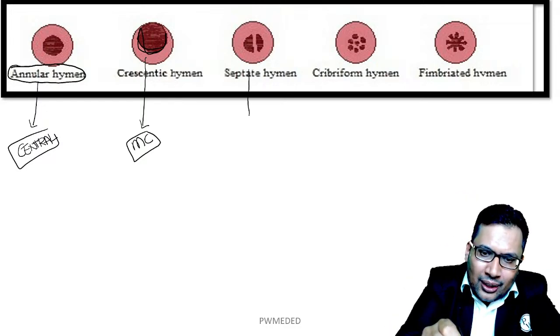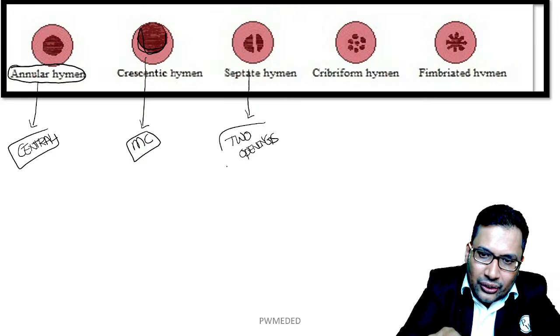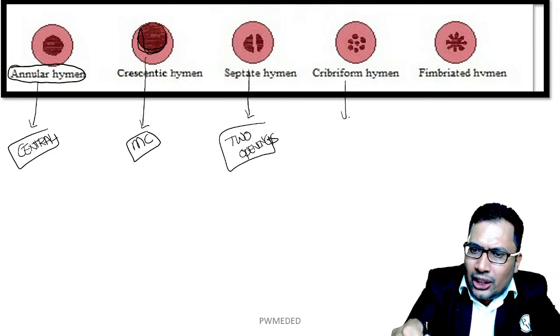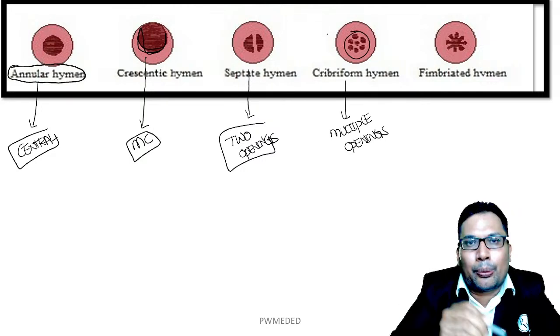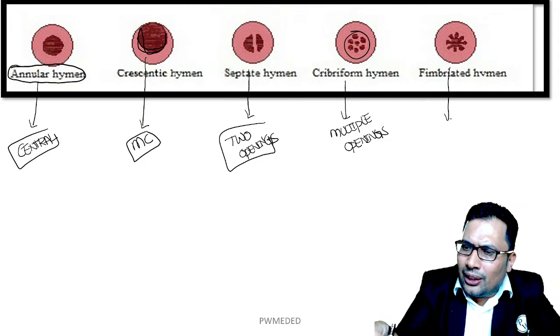Septate hymen, you will see two openings. Cribriform hymen, you will see multiple openings. Fimbriated hymen, you will see notches.